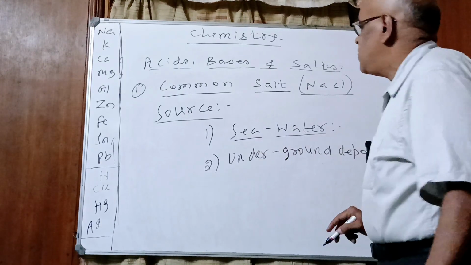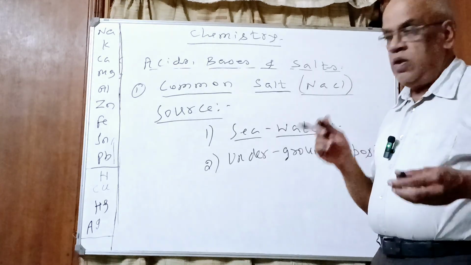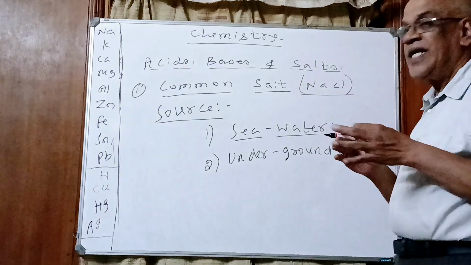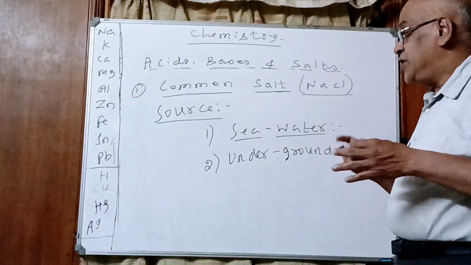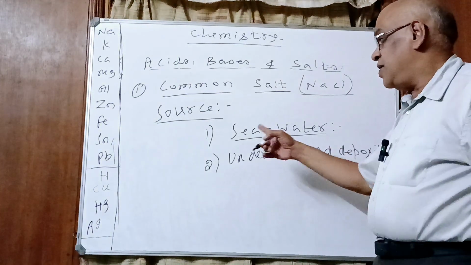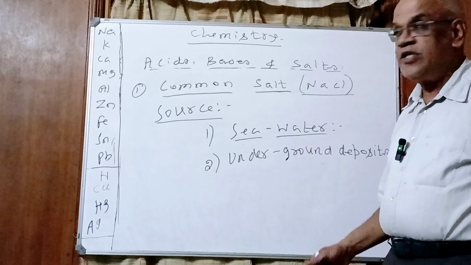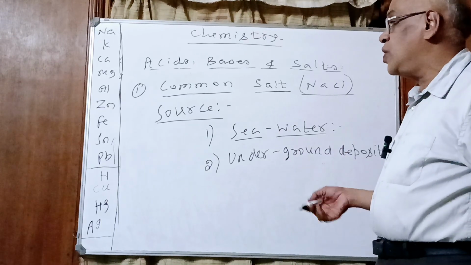How do you get it from seawater, children? Seawater is collected in a large shallow pool, because we require salt in large quantities. In industries, they consume a huge quantity of salt.